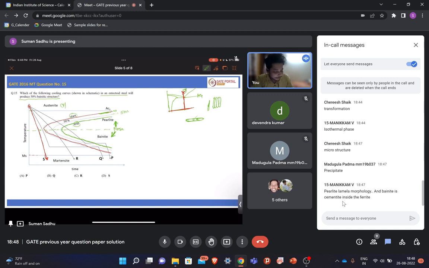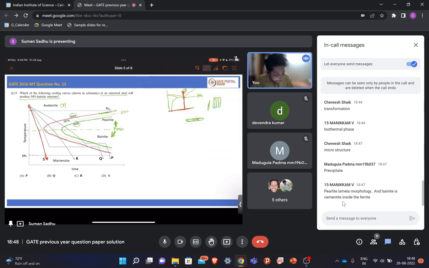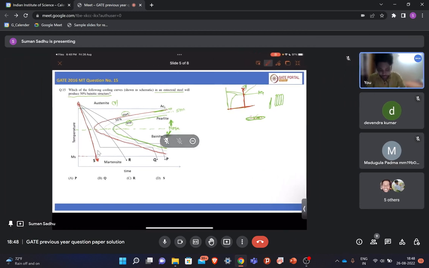Carbon can precipitate either inside the bainite shape or outside, depending on the temperature at which you are aging. You can understand this from the CCT diagram. So let us move further. Before that, if we follow this cooling curve, what will be the final microstructure?